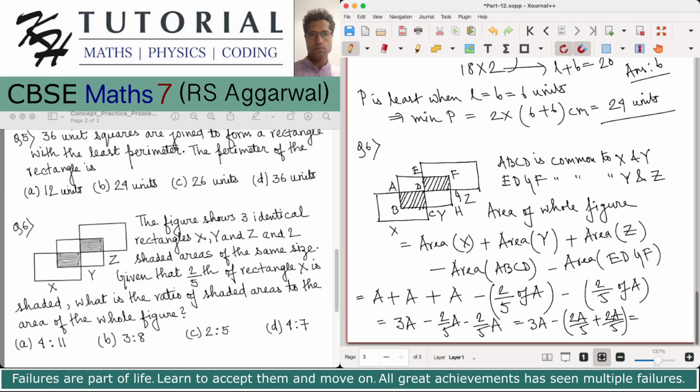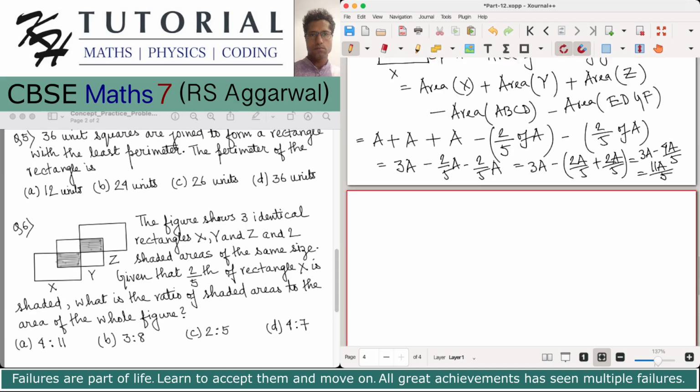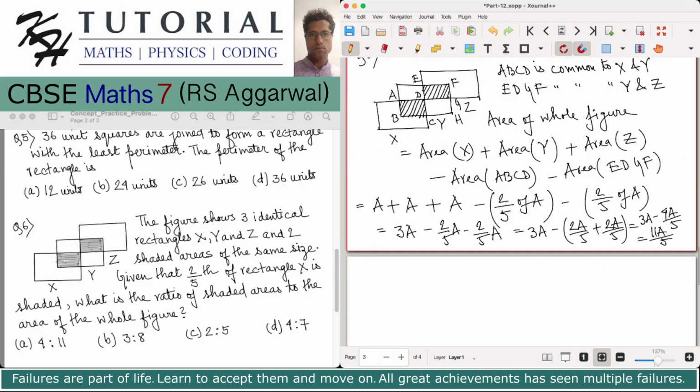This will be equal to 3A minus 4A/5, which is equal to 11A/5. 11A/5 is the area of the total figure.